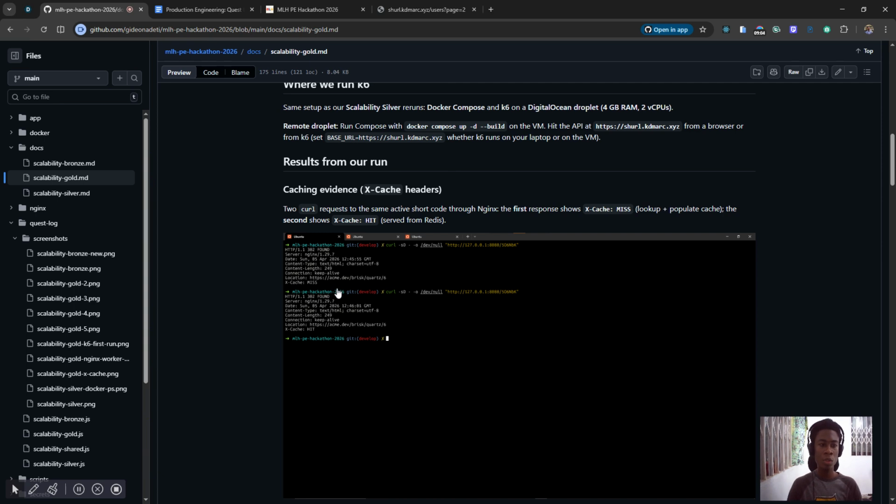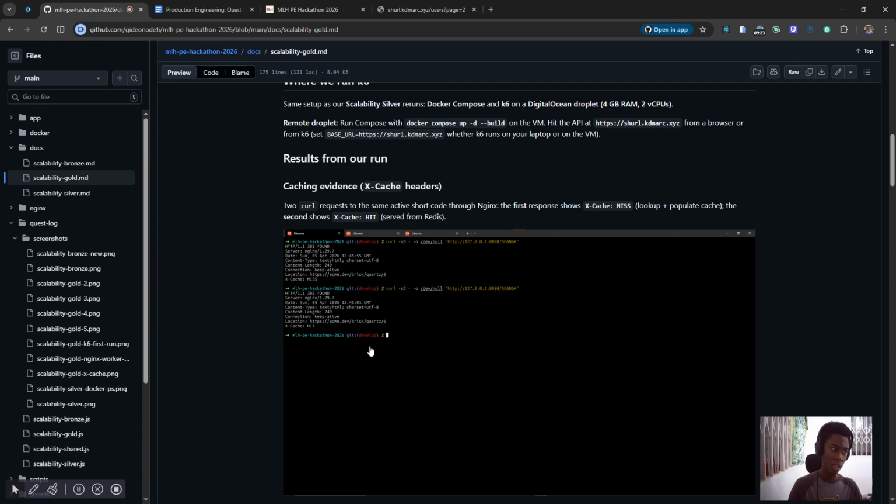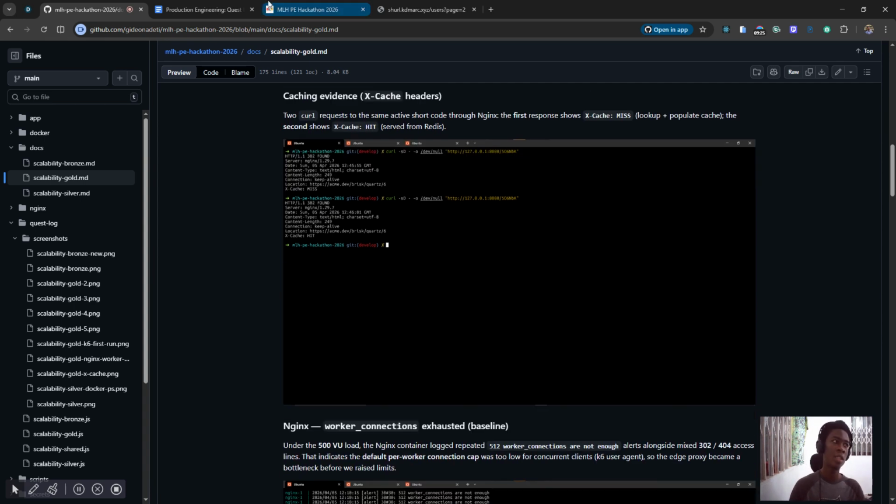The request went straight to the database. The second request was a hit, because this time the previous response had been cached in Redis, and the request went straight to Redis instead of the actual database, which is much slower. Redis is much faster.